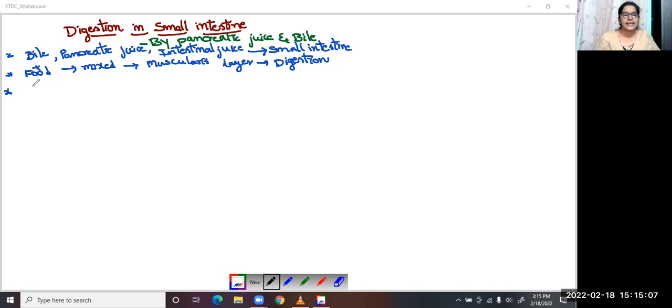Bile and pancreatic juice, so these juices are liberated through the duct, that is hepatopancreatic duct.